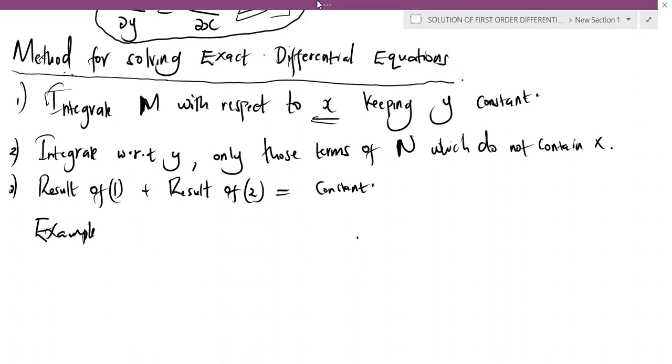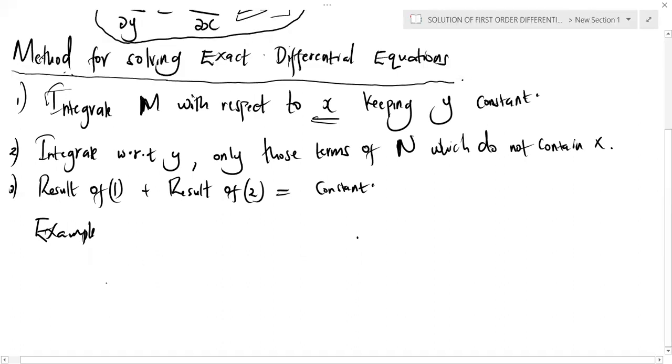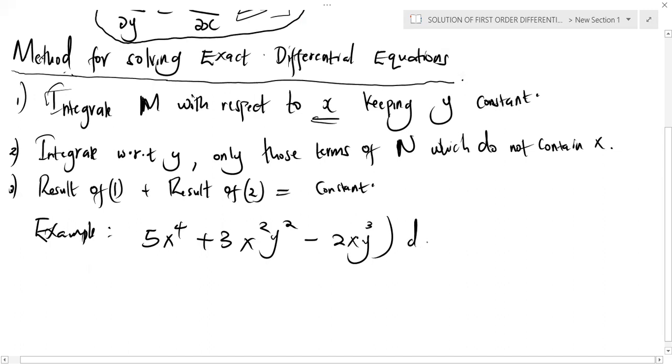So given the following differential equation, how do we solve? The question is example 1: (5x^4 + 3x^2y^2 - 2xy^3) dx plus (2x^3y - 3x^2y^2 - 5y^4) dy is equal to 0.